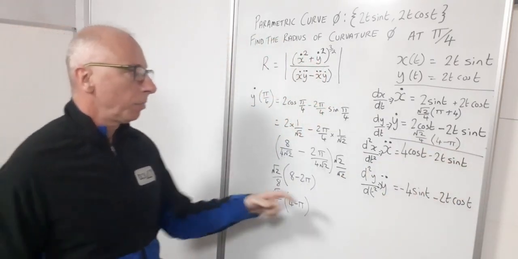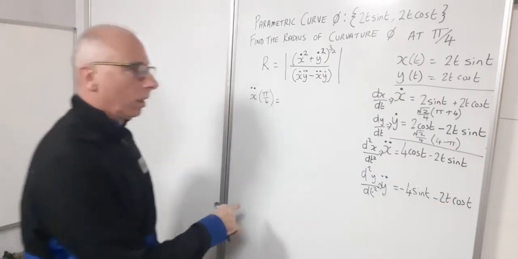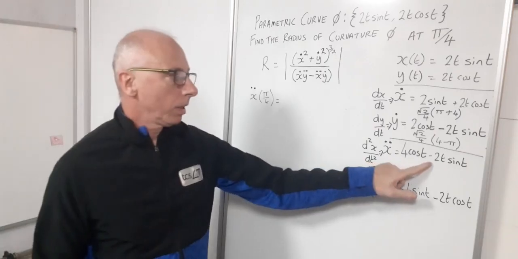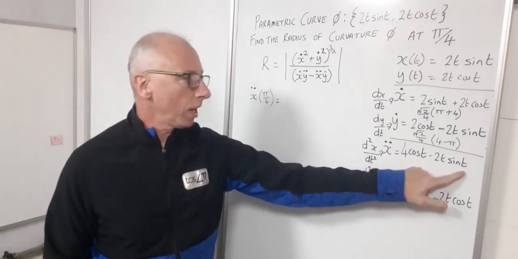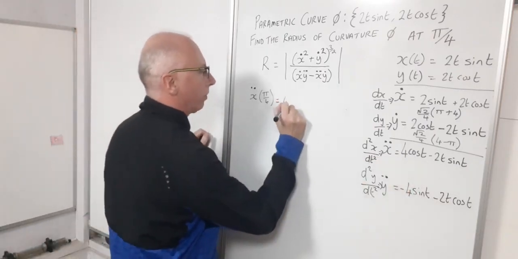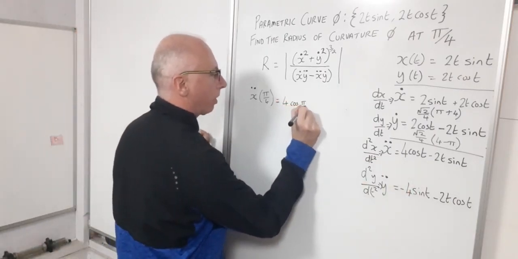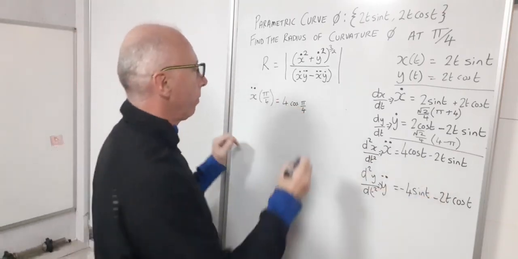Right, let's take this off the board and evaluate this one. Where we see a t, we substitute pi over 4. So 4 cosine pi over 4, minus 2 pi over 4 sine pi over 4.